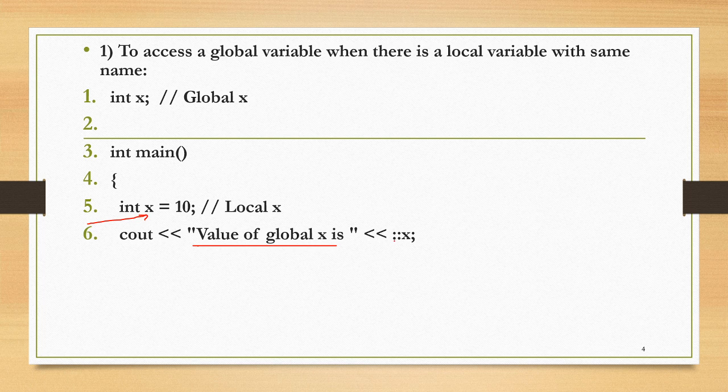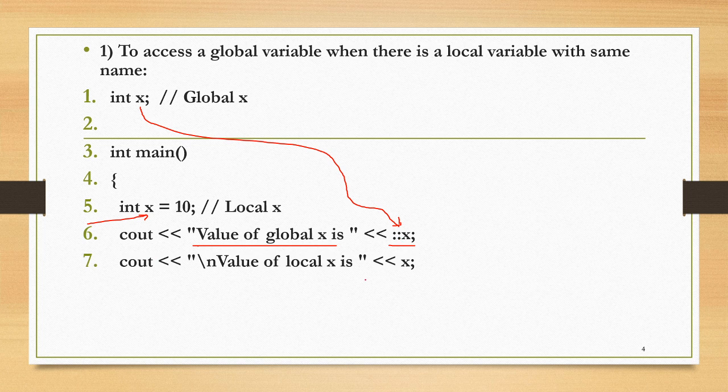If I say only x here, then this 10 is accessible. And if I want to access the global x, you have to mention the scope resolution operator and then the name of the variable. Then the value of the local variable x is just x. So this is the difference between local variable x and global variable x. You can access this with the help of the double colon.